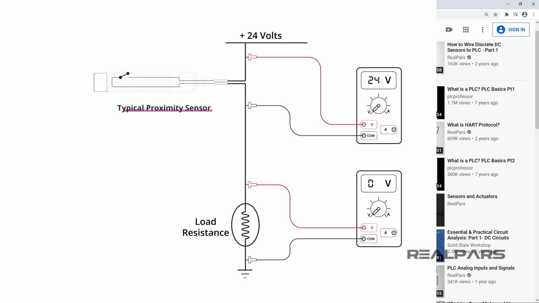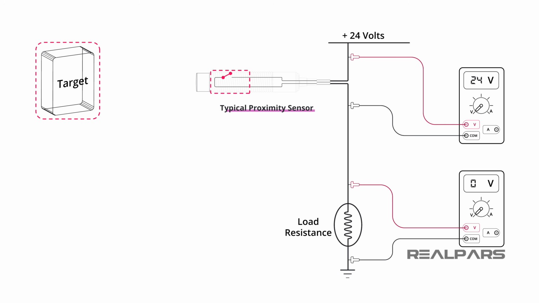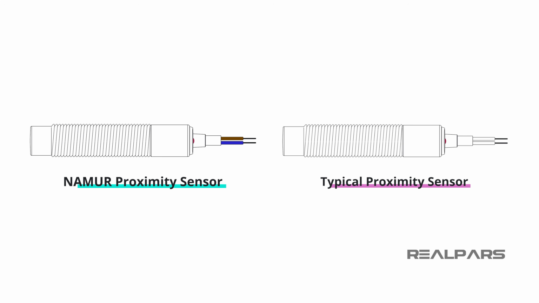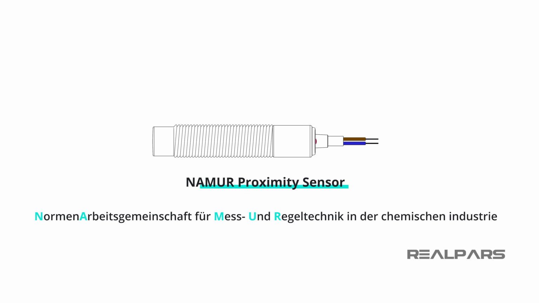Okay, let's review. A typical proximity sensor acts just like a simple switch. When the target is away from the sensor, the switch is open. When the target is close to the sensor, the switch is closed. Namur proximity sensors look just like typical proximity sensors. The term Namur is an acronym for a very long German description.